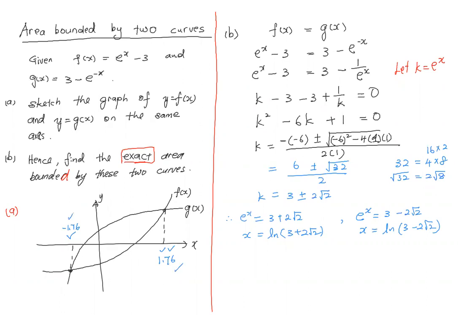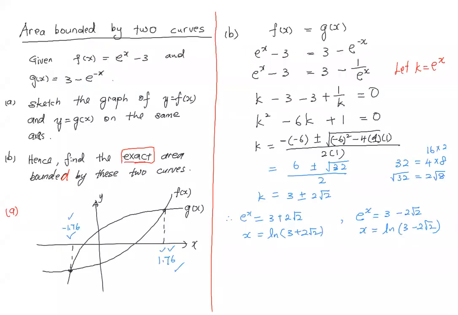If you use your graphic calculator or scientific calculator to count, you will get these two approximate values. After you get this, then you have to do your integration. You have to integrate from ln of 3 minus 2 root 2 to ln of 3 plus 2 root 2.